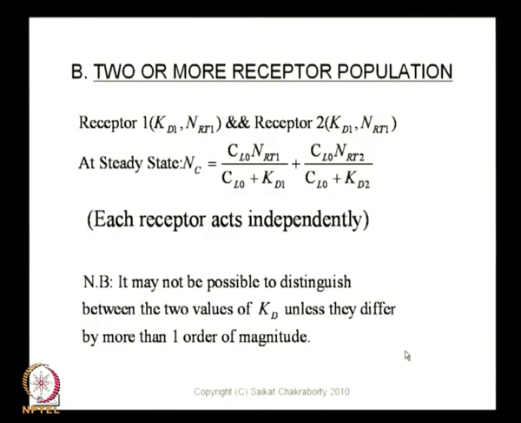Even here, when you have a steady state value for this, as you see given on the screen, what happens? You are doing this whole experiment in a beaker with two sets of receptors and one set of ligand. At the end, how do you measure?